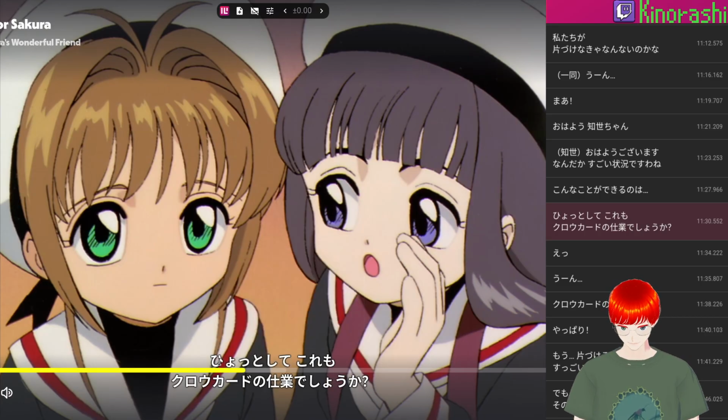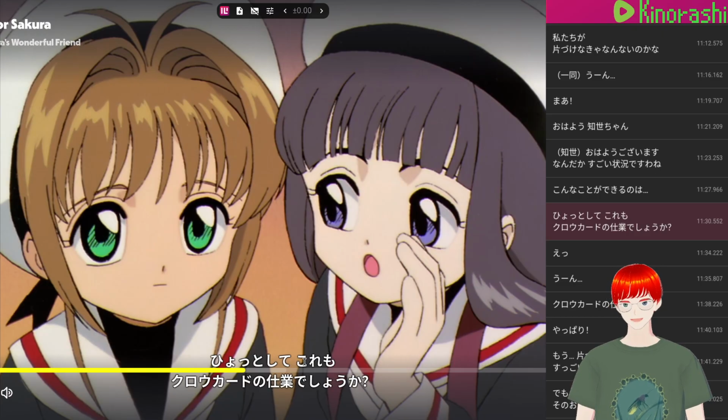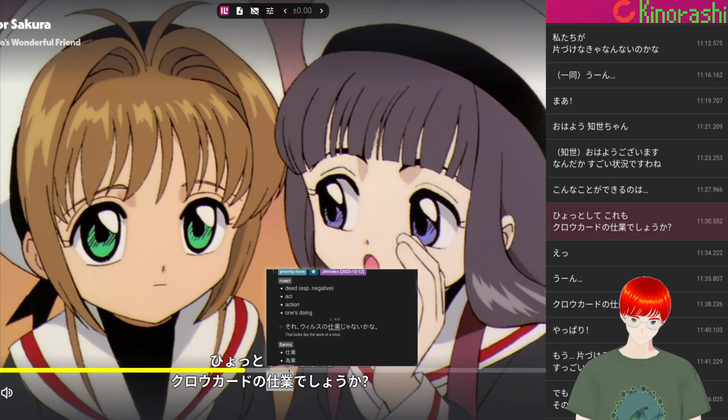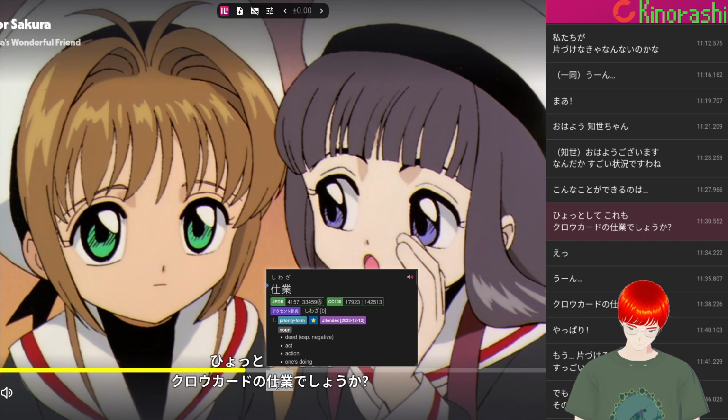Yeah, so by any chance, or in other words, hyotto shite, possibly doing. ひょっとしてこれもクローカードの仕業でしょうか？ By any chance, could this be the work of a Clow Card? Oh, it's not shigoto, it's shiwaza. Deed, act. Could this be the act of a Clow Card?